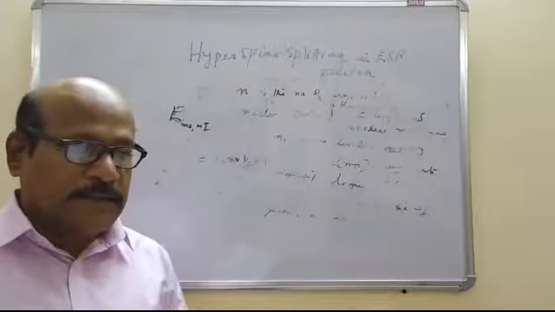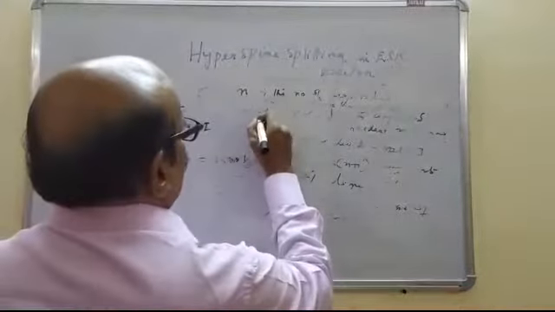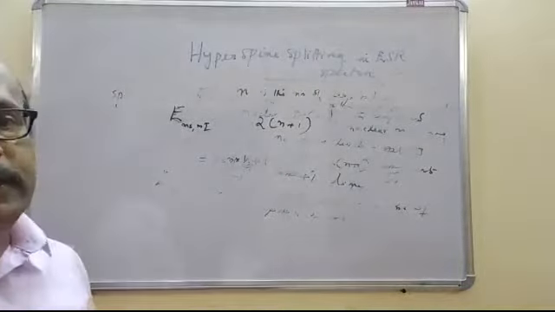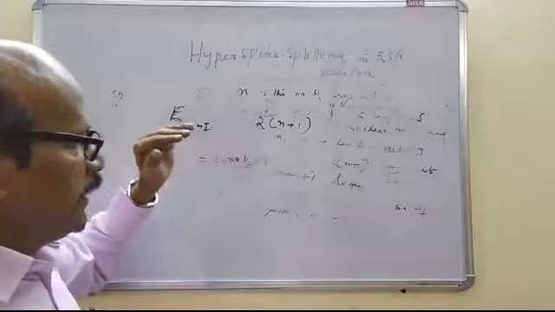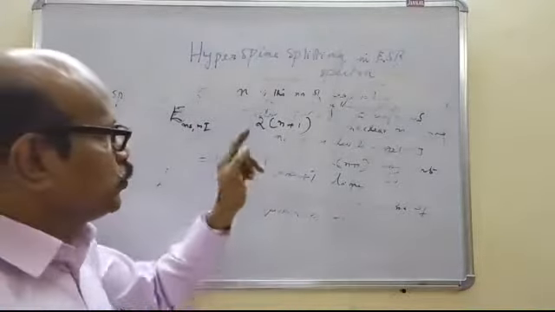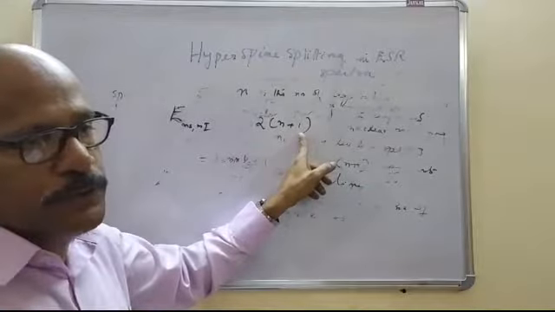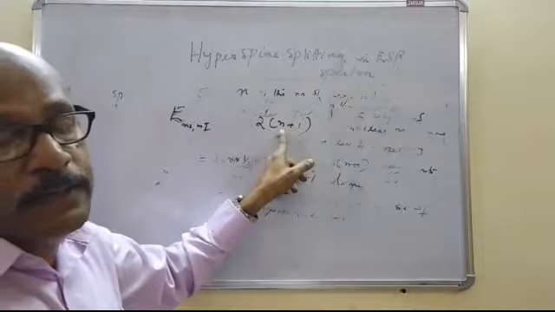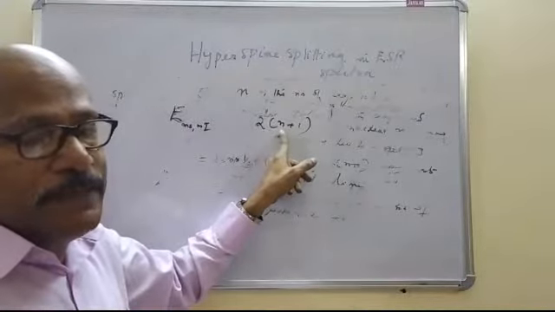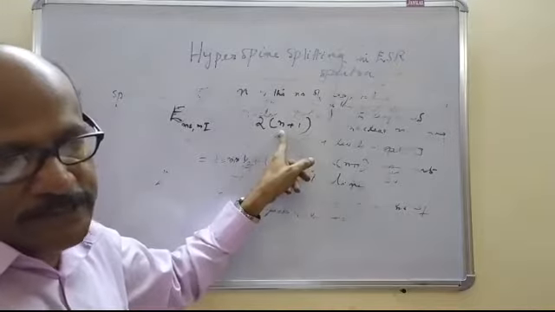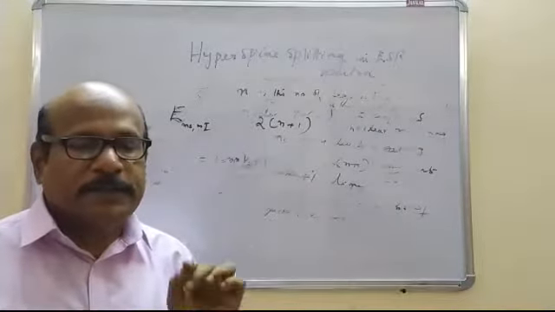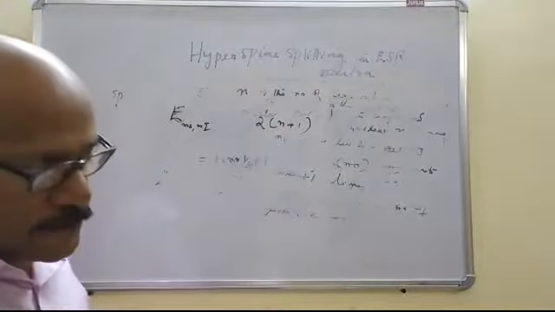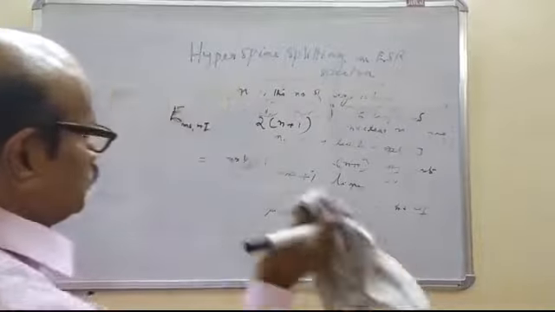The number of such energy levels is 2 into (n plus 1), where n is the number of equivalent neighboring protons present in the molecular species along with the unpaired electron.